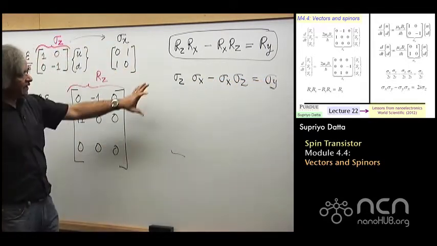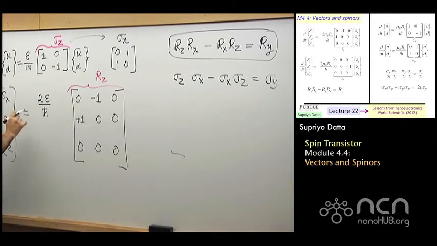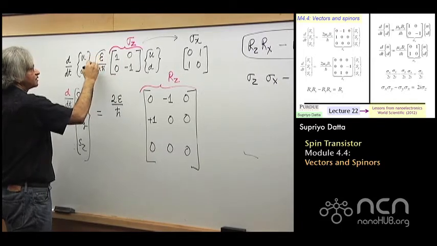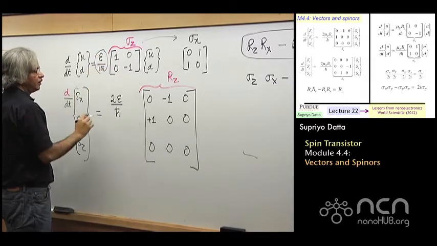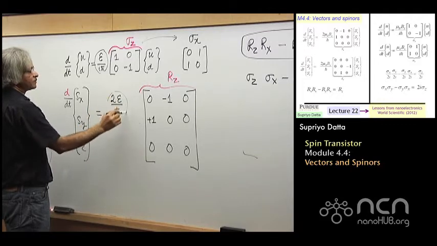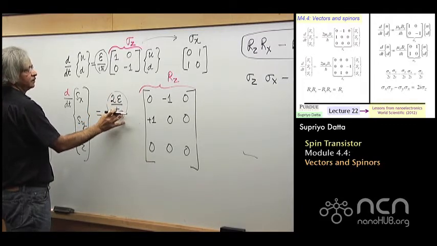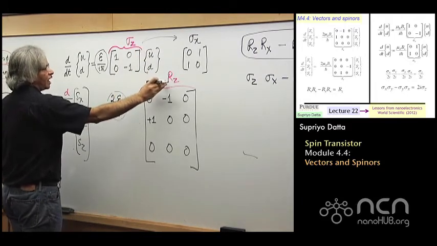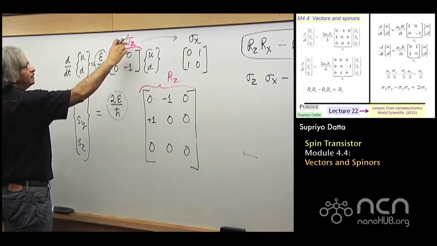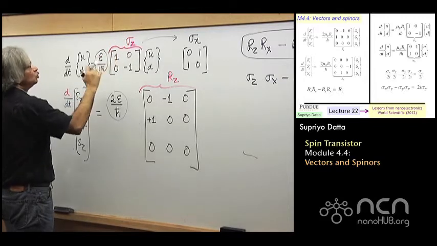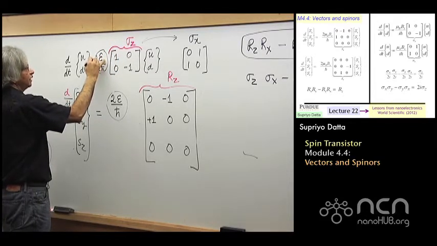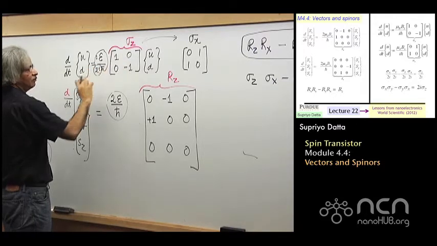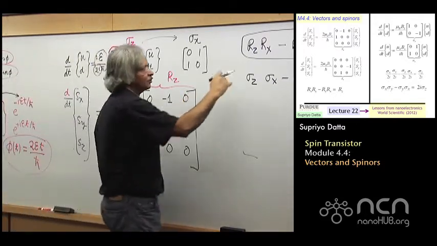Now, not exactly, because you'll see there's another difference, and that is when the way these matrices were defined, for the spinors there was this epsilon over iħ in front, whereas for vectors there was this 2 epsilon over ħ in front, you see? And so the role of R is actually played by sigma divided by 2i, because I could put a 2 here and a 2 there, and then you see there's this extra 2i. So sigma over 2i has the same role as R.